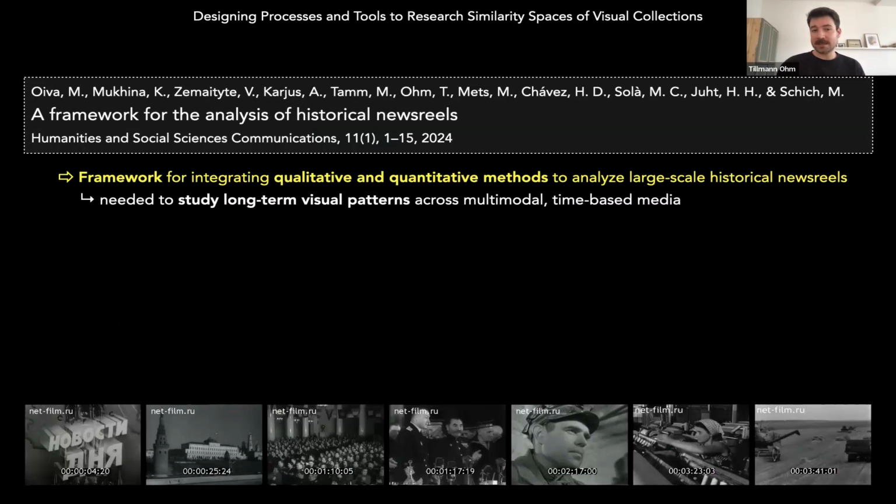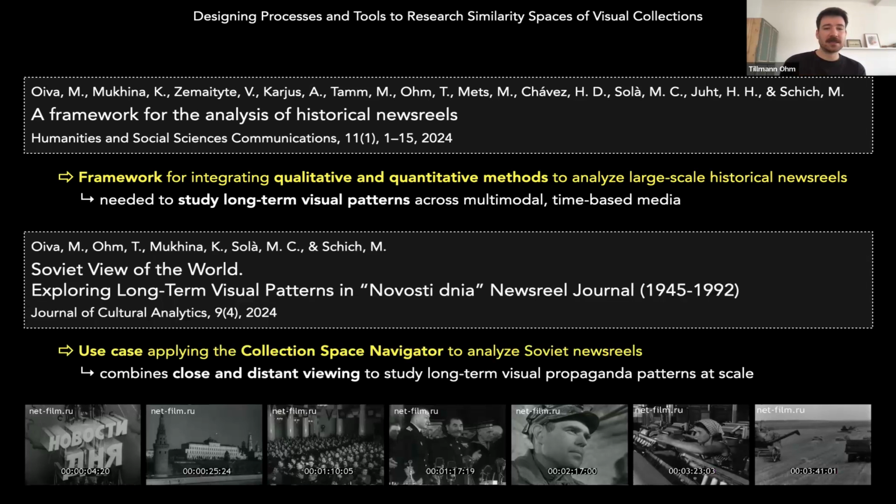This is important and needed because it lets us study long-term patterns and visual dynamics in newsreels, something traditional methods struggle to do at scale. My main contribution here was the visual analysis using similarity spaces, and the Collection Space Navigator was a central part of this framework. The final article in my thesis demonstrates this with a case study on Soviet visual propaganda.